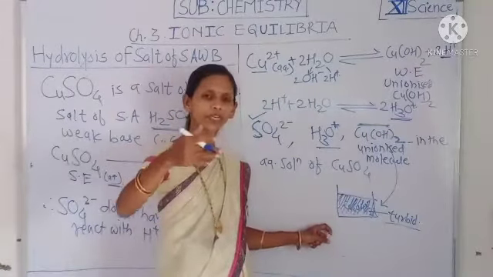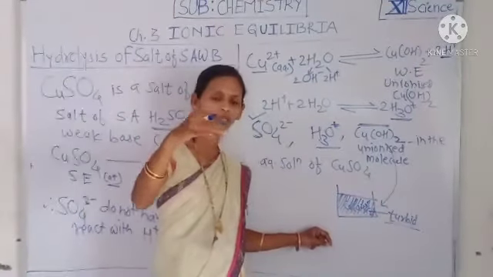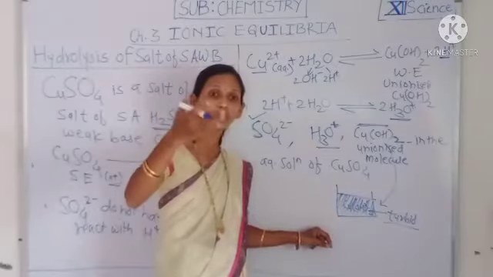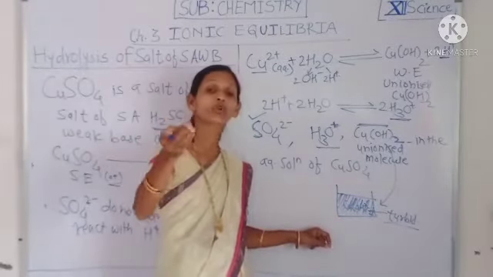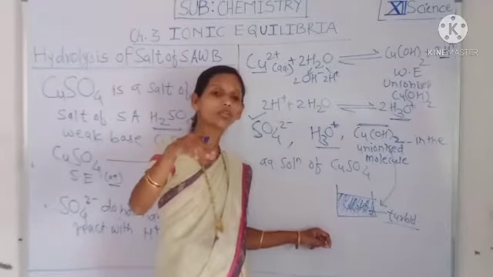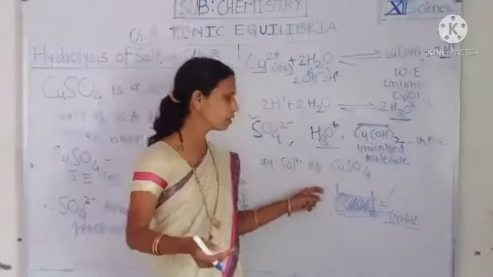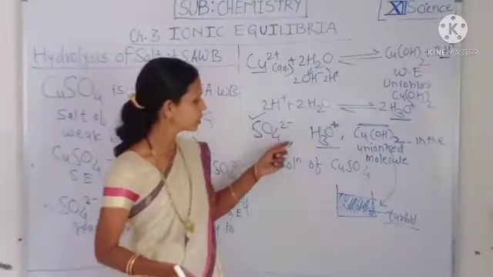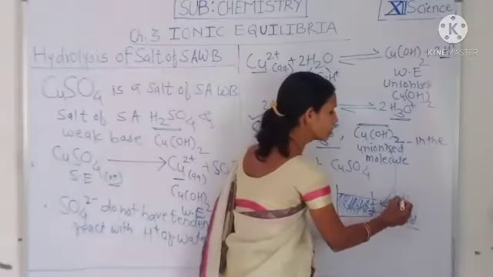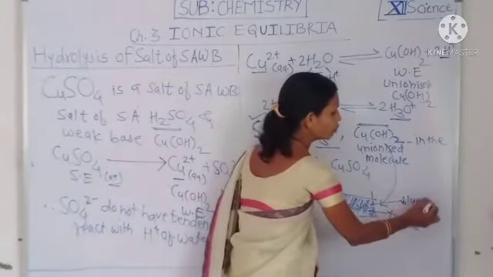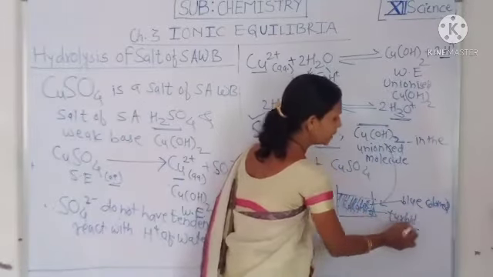But when chalk powder is added into the aqueous medium, that solution becomes turbid, whitish. Or when soil is dissolved in water, that solution becomes turbid. Like that, here when CuSO4 is dissolved in water, that blue colored solution is turbid in nature.